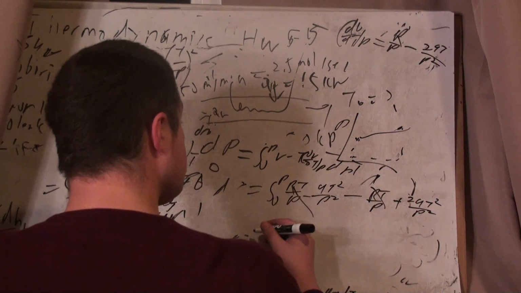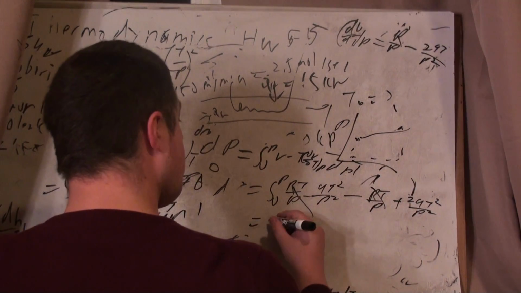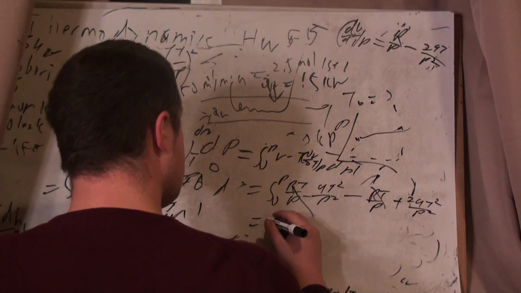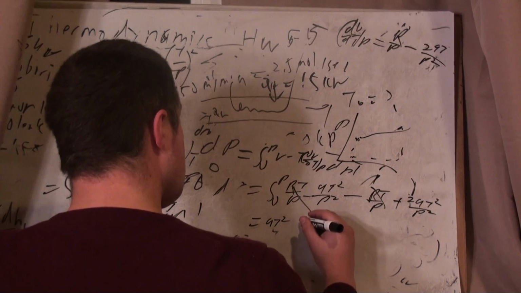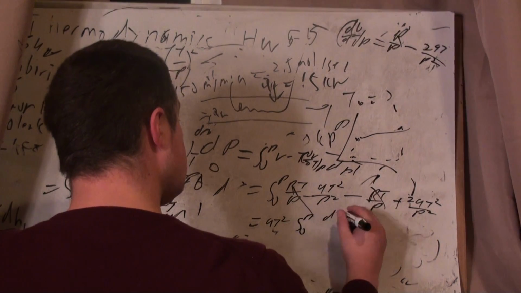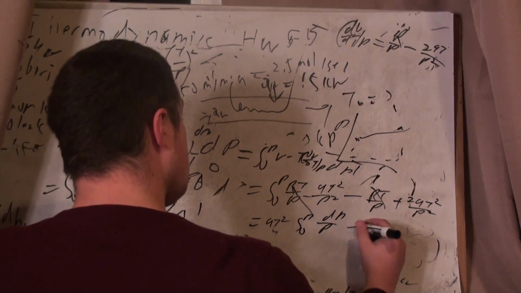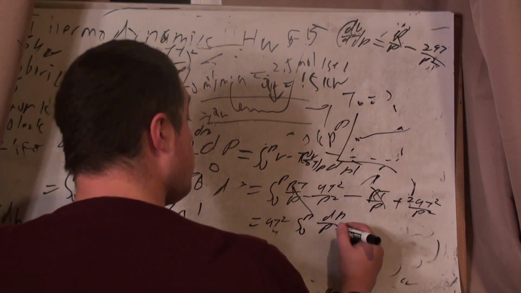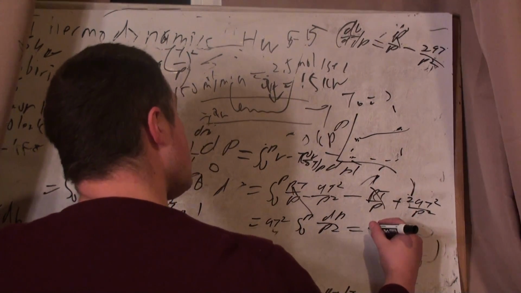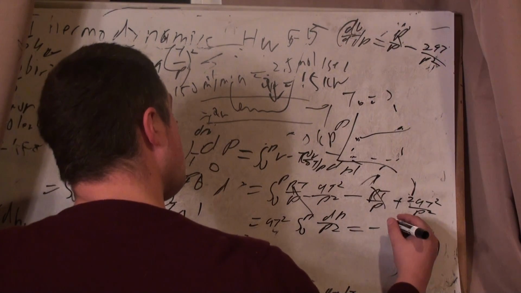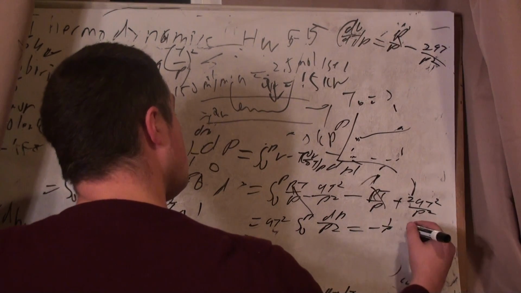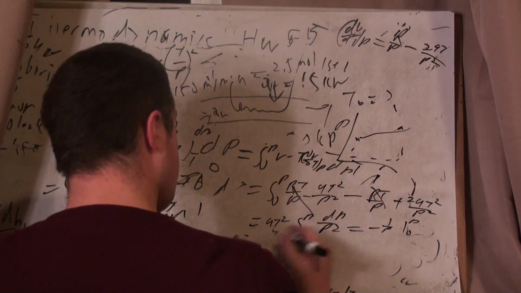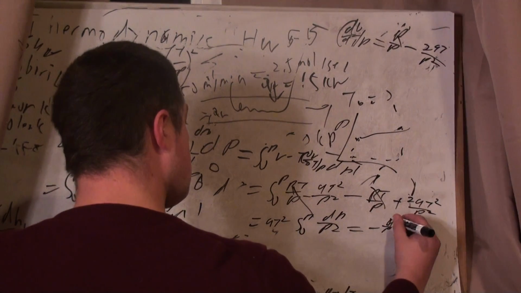Okay, so when I'm all said and done, I can pull out the minus AT squared. So I have AT squared, 0 to P, dP over P squared. So this becomes minus 1 over P from 0 to P, times AT squared.